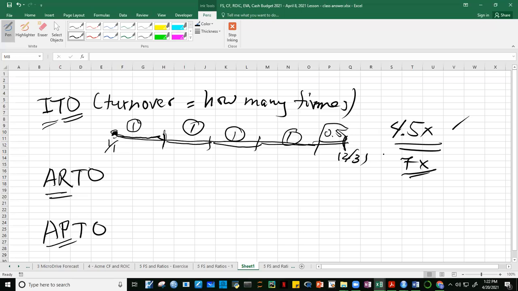If you're just taking a look at ITO, assuming that they're producing the same product. Because we can't compare, for example, an airline and Jollibee. The airline's inventories are aircraft, so it will take 3 years, 4 years for them to finish a cycle, whereas Jollibee, for example, sells just burgers.